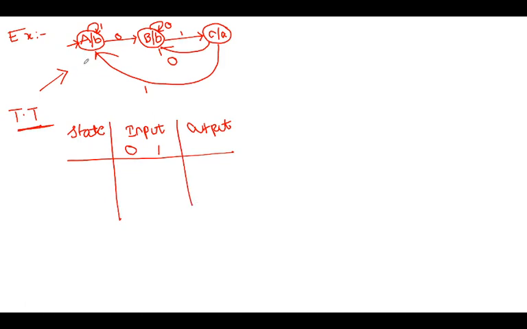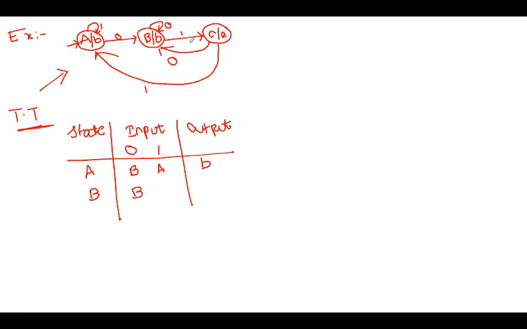First, starting with the start symbol A. A on taking the input 0 goes to the B state. A on taking the input 1 goes to the A state only. Then the output of the A state is B, so we write the output B. Now next B. B on taking the input 0 goes to B only.